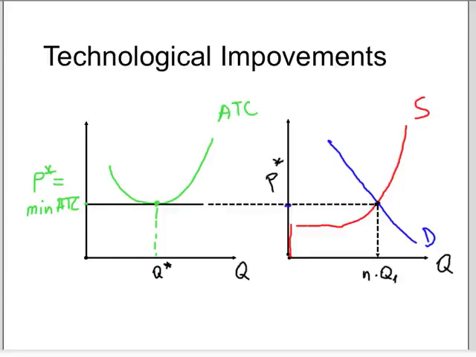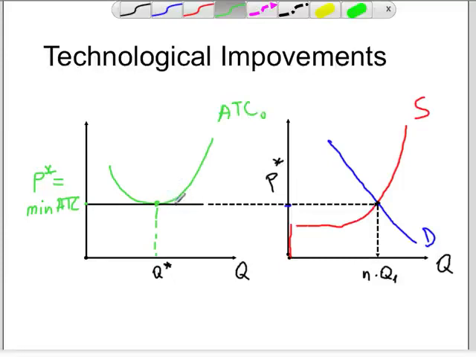Now let's see what can happen because of technological improvements. Let's look at what happens if we have changes in technology that improve productivity and reduce cost. Well, in this case, what's going to change in this picture is that the average total cost curve is going to shift down.